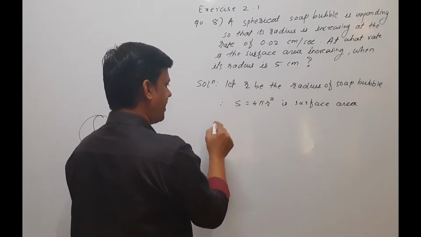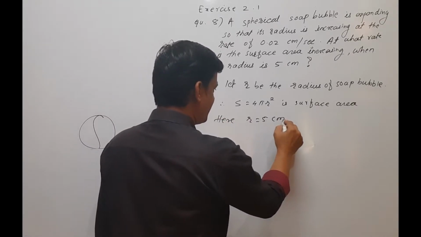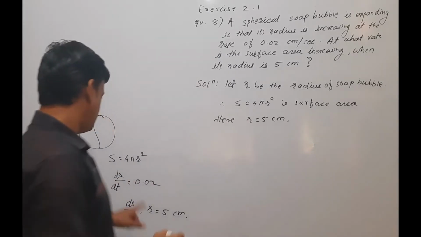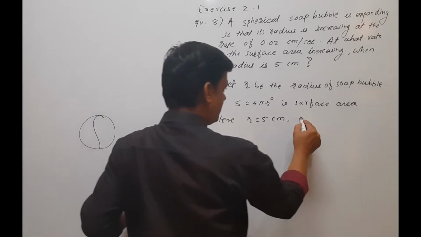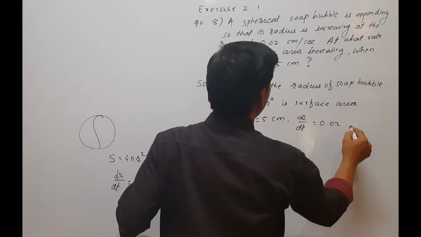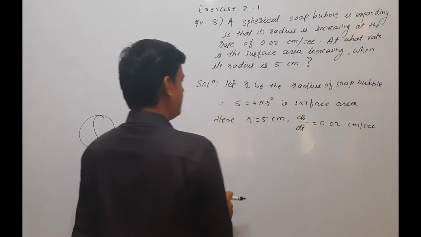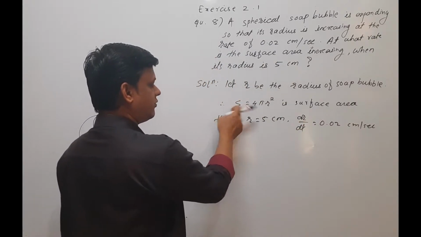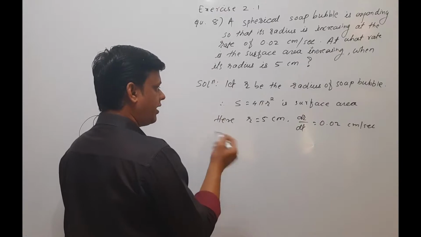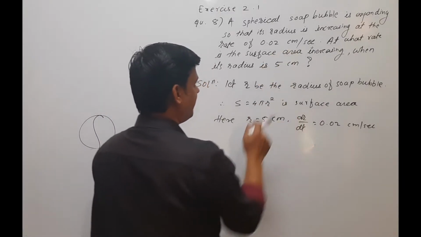So here given part is, we write here given r is equal to 5 centimeter, dr by dt is equal to 0.02 centimeter per second. Now we differentiate this S with respect to t because we require ds by dt, that is rate of change or change in surface area.